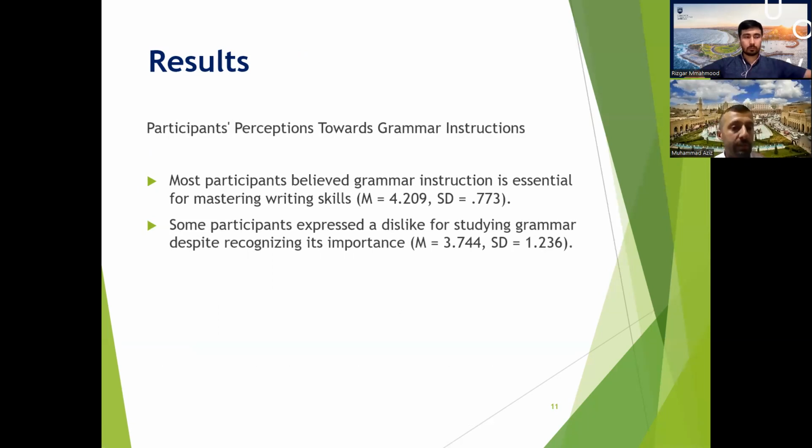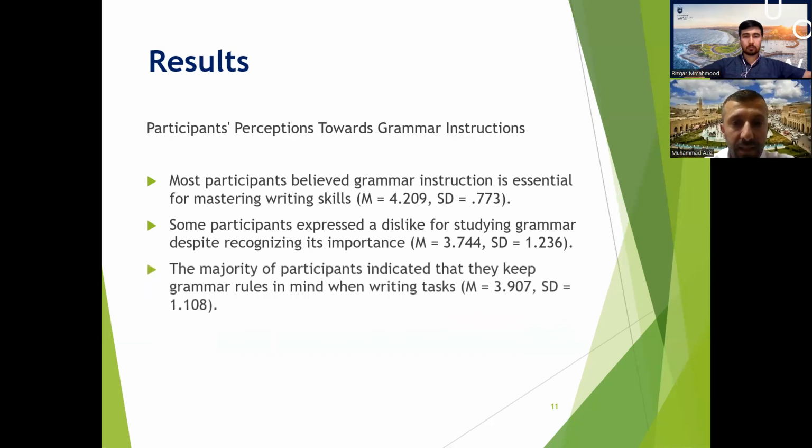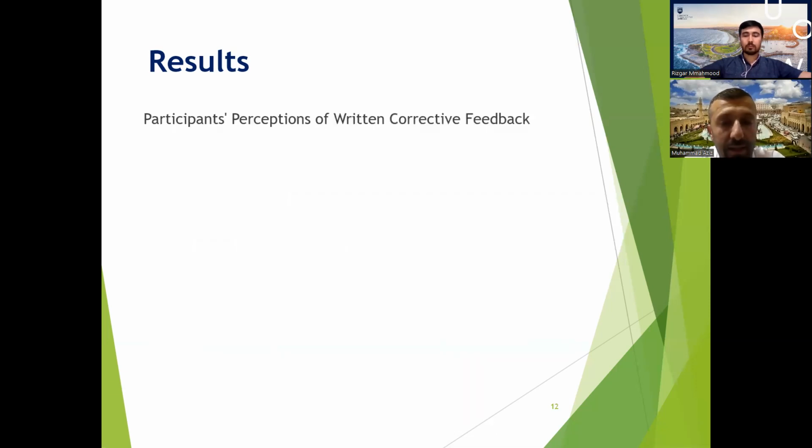Although they also expressed their dislike for studying grammar, they recognize its importance, as can be seen in the numbers and statistics here. And the majority of the participants indicated that they keep grammar rules in mind when doing writing tasks. These results are drawn from the questionnaire questions.